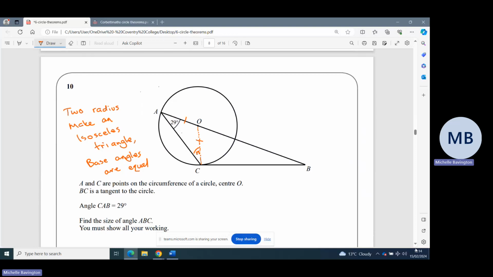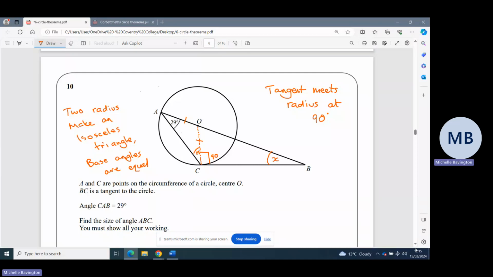Now I can work out quite a lot, because I know that tangent meets radius at 90 degrees. So 90 degrees. I can now work out that, and I'm sure you can. So have a go.